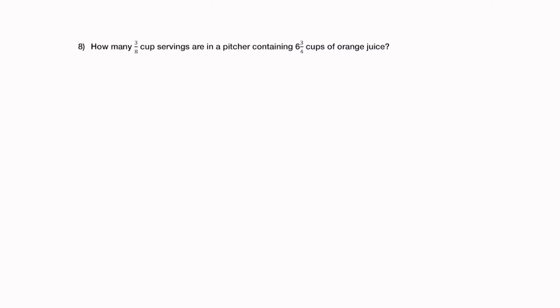How many 3/8 cup servings are in a pitcher containing these cups of orange juice? Okay, now we have to be careful because usually up until now, our first number was always the dividend, the second was a divisor. But read your question carefully. Don't get into that idea, that now it's 3 by 8 divided by 6 3 upon 4.